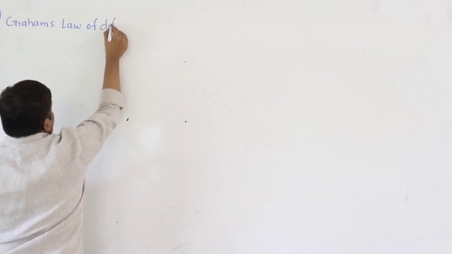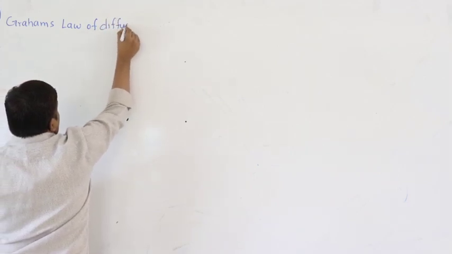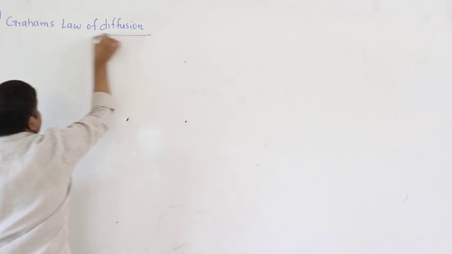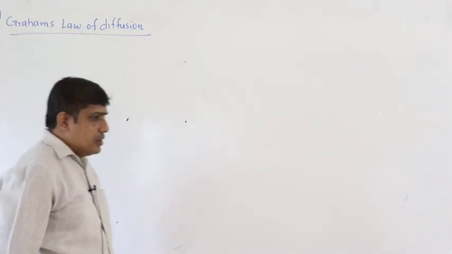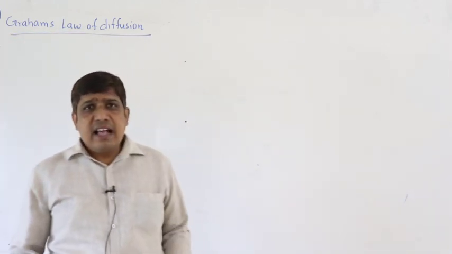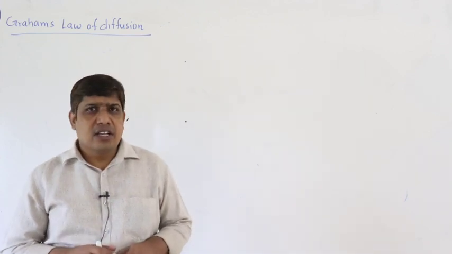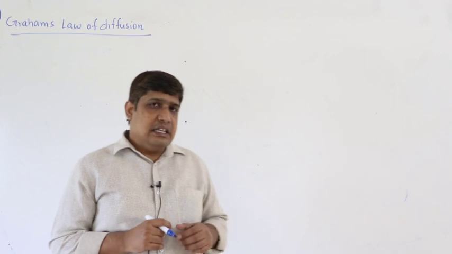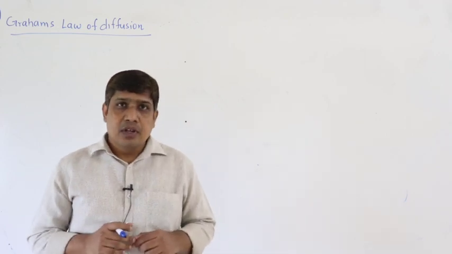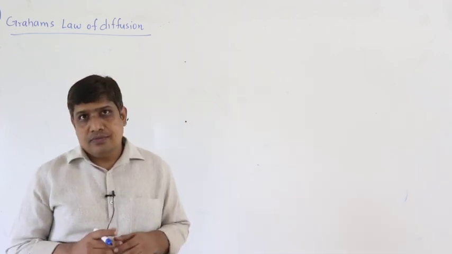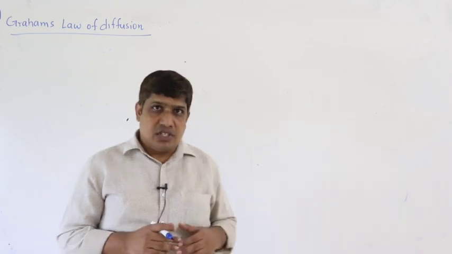Graham's law of diffusion of gases. Gases spontaneously intermix with each other. This property we call diffusion. If I take a cylinder and open the nozzle, the gas will come out from high pressure to low pressure.